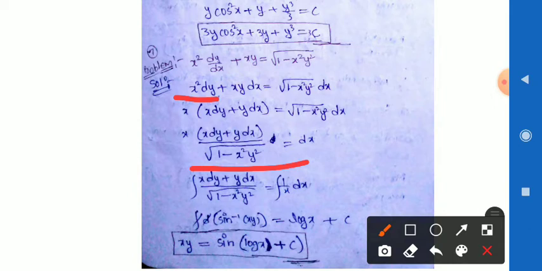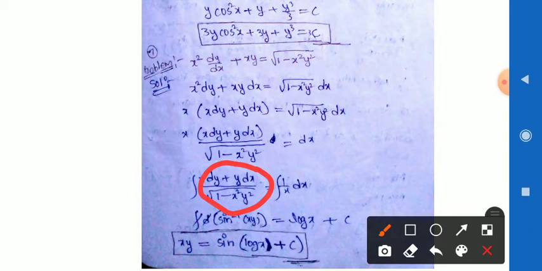Now this (x dy plus y dx) by under root of (1 minus x square y square) can be written in integrating factor form, for which we have the formula: d of sin inverse of (xy).